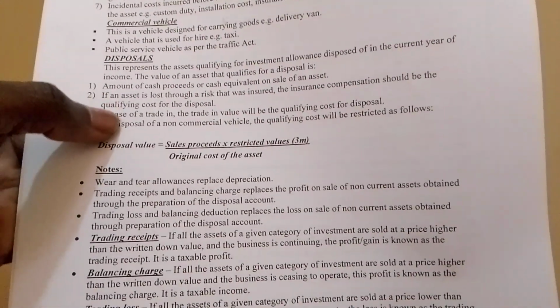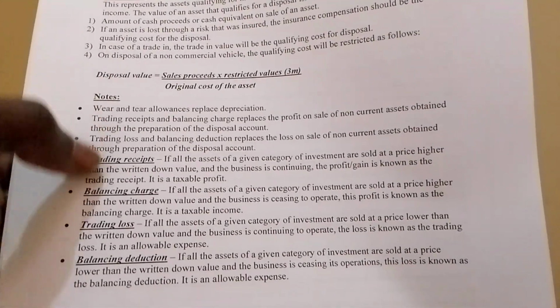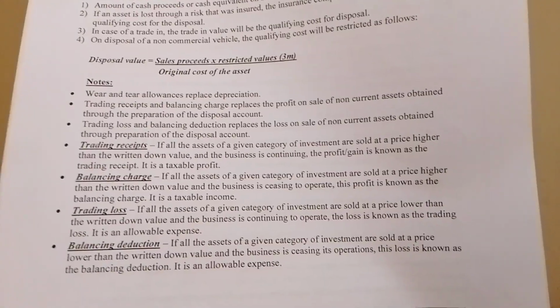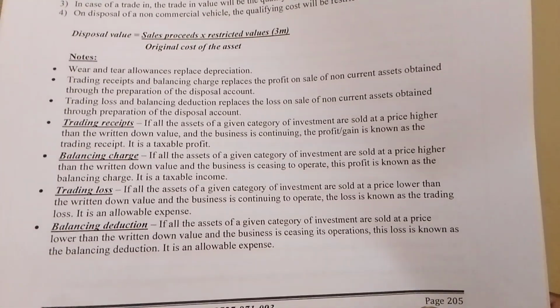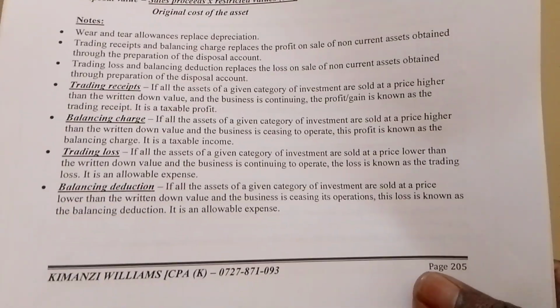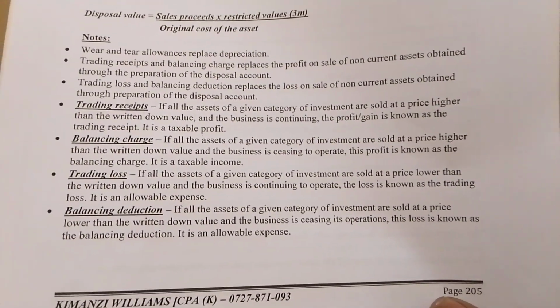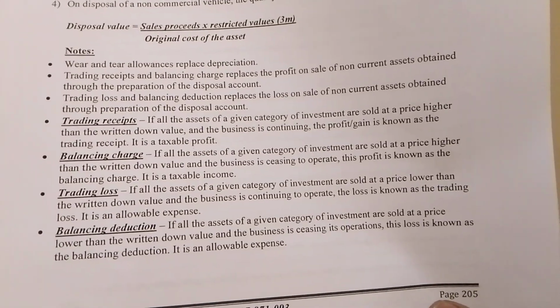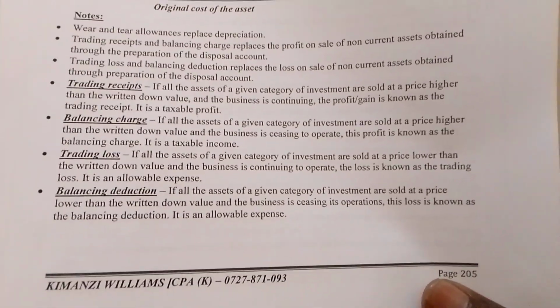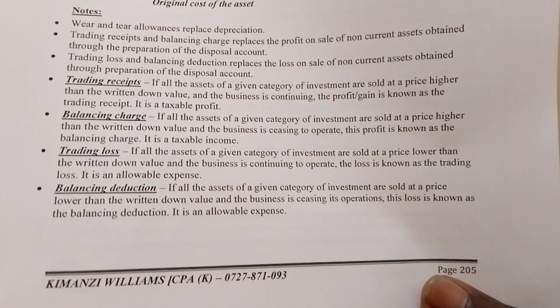The notes there. Also understand what is a trading receipt, what is a balancing charge, what is a trading loss, and what is a balancing deduction. Now, those are also important points when it comes to taxation of businesses, like taxation of partnerships and taxation of companies.